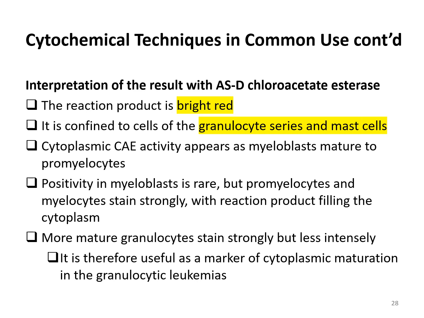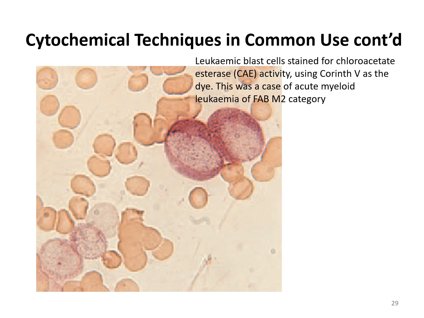The more mature granulocytes stain strongly but less intensely. It is therefore useful as a marker of granulocytic leukemias, the so-called myelocytic leukemias. You know that there are 7 classifications, so this is one of those leukemias.